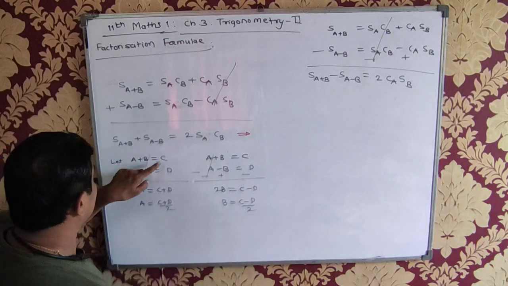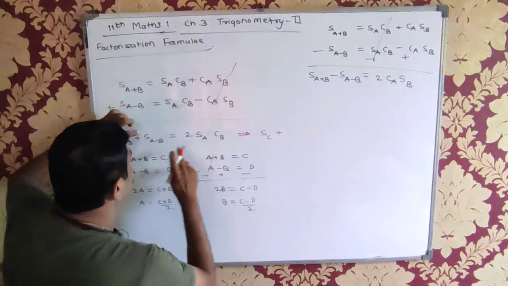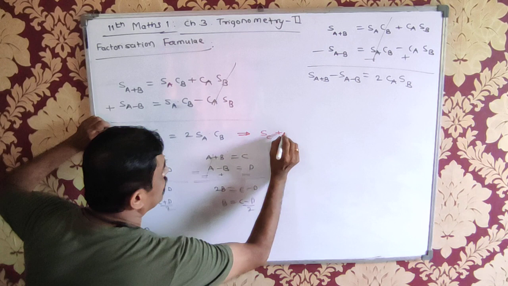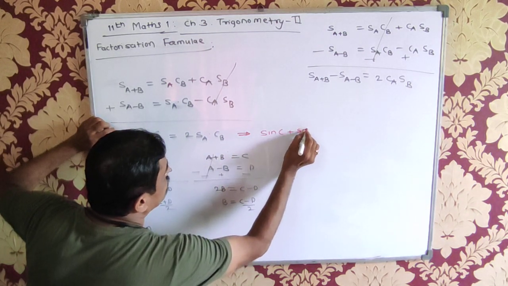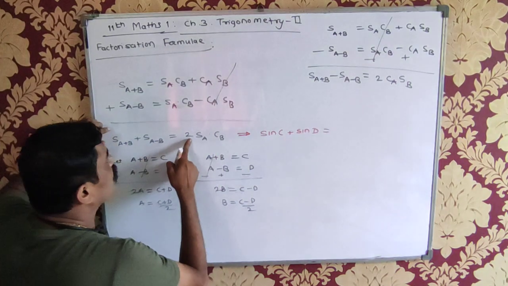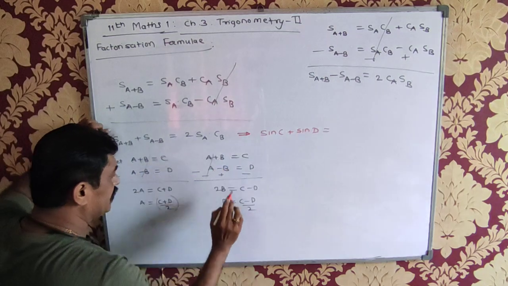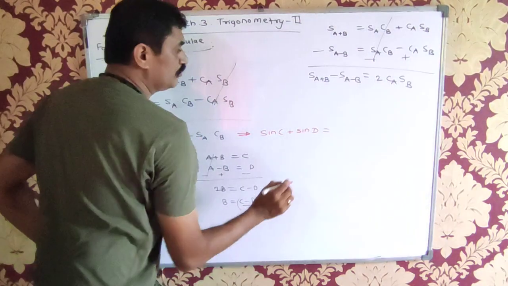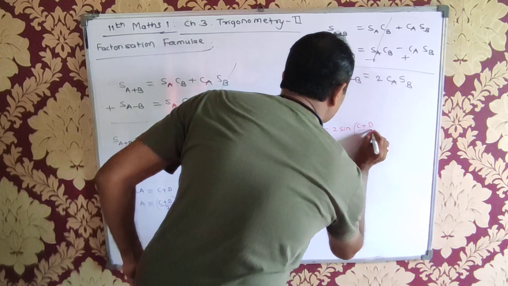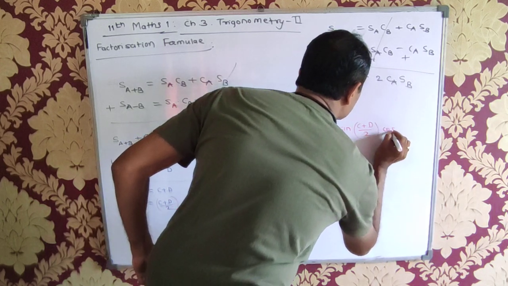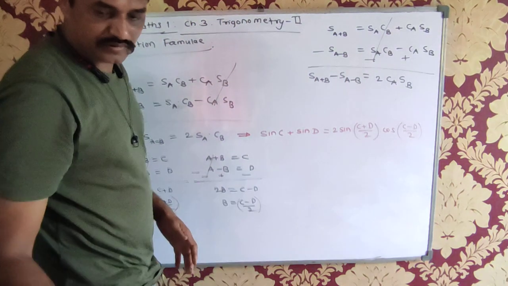So a plus b is c. So this will become sin c plus, a minus b is d, sin d. Sin c plus sin d is equal to 2 sin, a is c plus d by 2 and b is c minus d by 2. So 2 sin c plus d by 2 cos c minus d by 2. Is that understood?